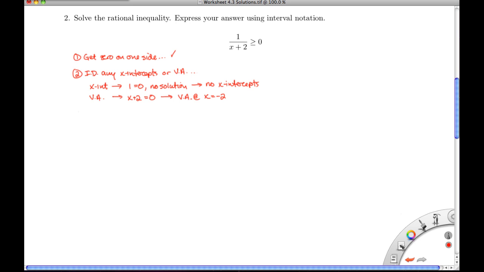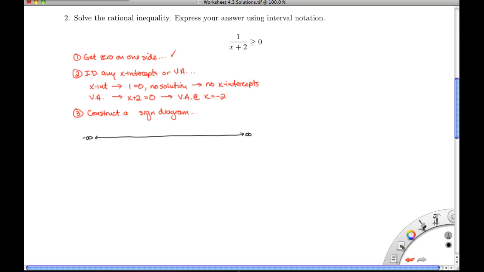All right. So the third step that we're going to do here is we're going to take these points and construct a sign diagram. Very much like the sign charts we made in section 4.2's worksheet. Okay, so the way we'll get started with this is by taking our real number line, and this is going to go from negative infinity to positive infinity.